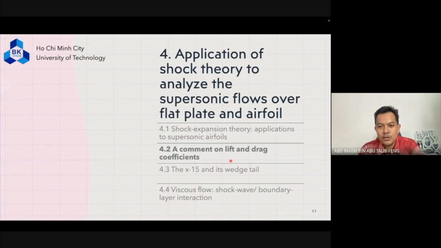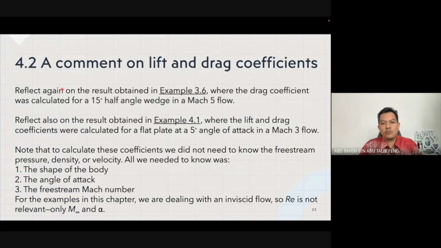Before we have a short break, it is best to go into a comment on the lift and drag coefficient. This is just one slide. We want to reflect again on the results obtained in the earlier example 3.6, in our oblique shock topic, where the drag coefficient was calculated for a 15 degree half angle wedge in a Mach 5 flow.